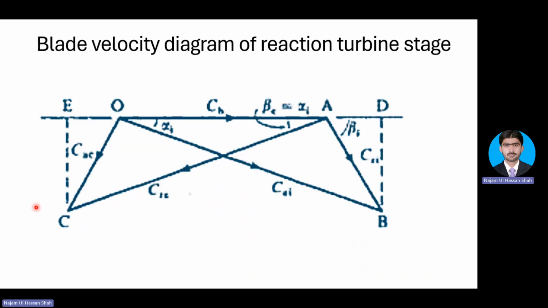Here is a blade velocity diagram for the reaction turbine stage. We start by drawing the common side, which is CB, the blade velocity. On the right side, we draw the inlet velocity triangle, the larger side representing the absolute velocity CAI, and the smaller side represents the relative velocity CRI.